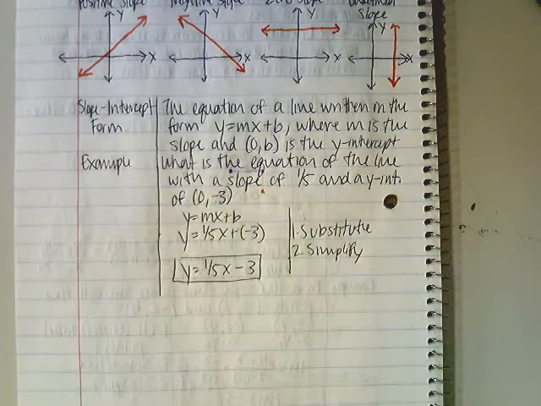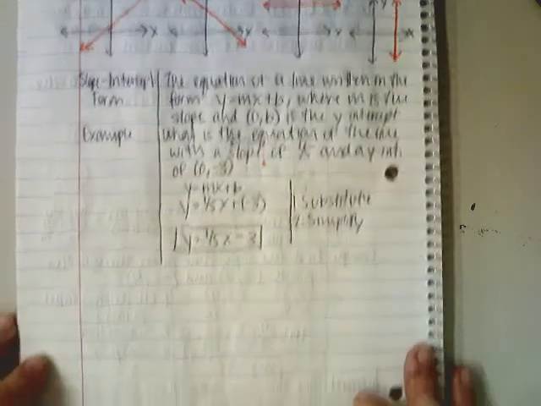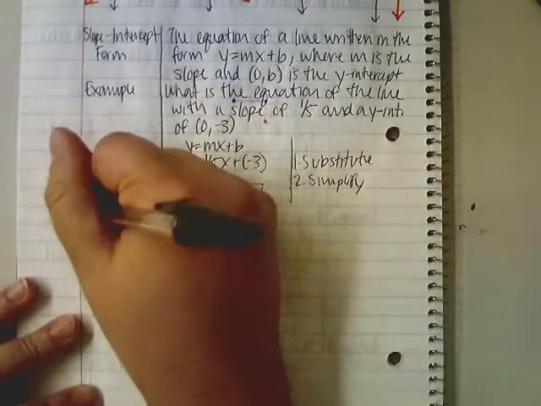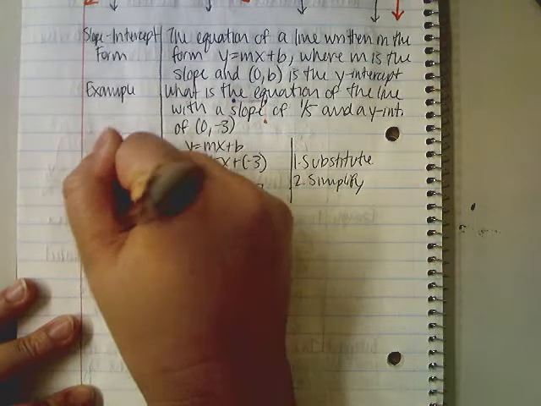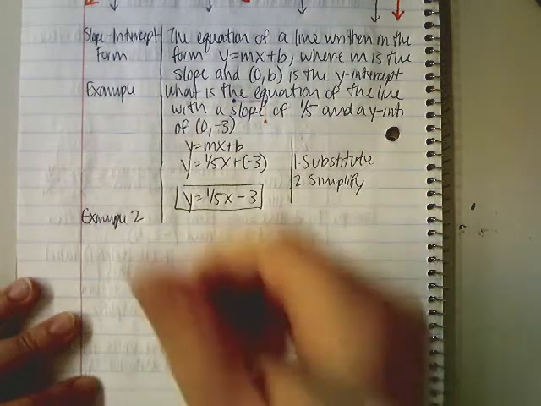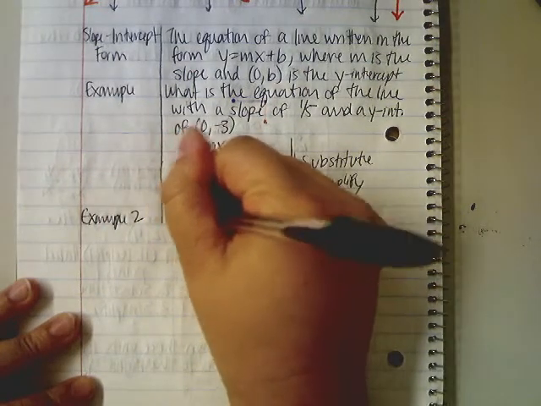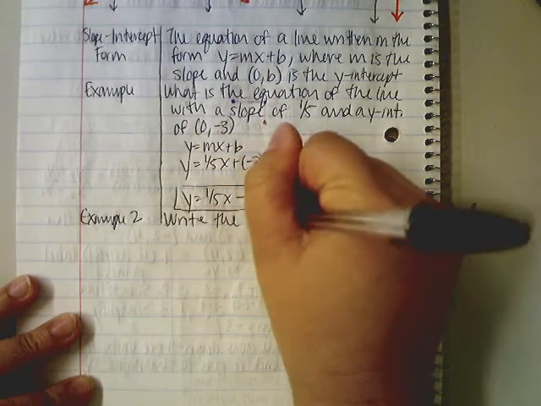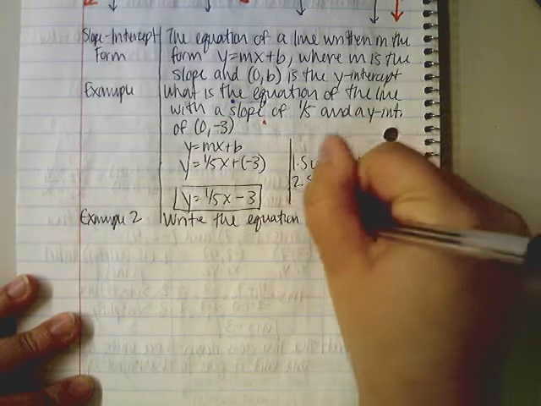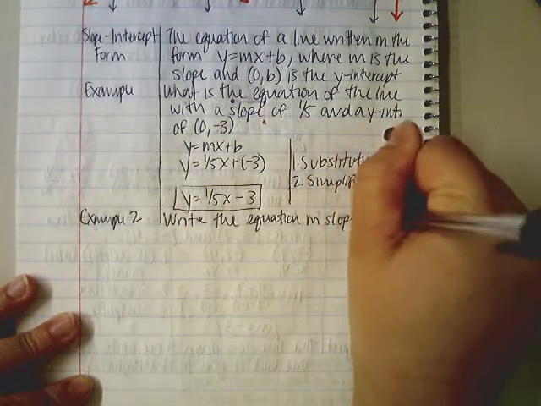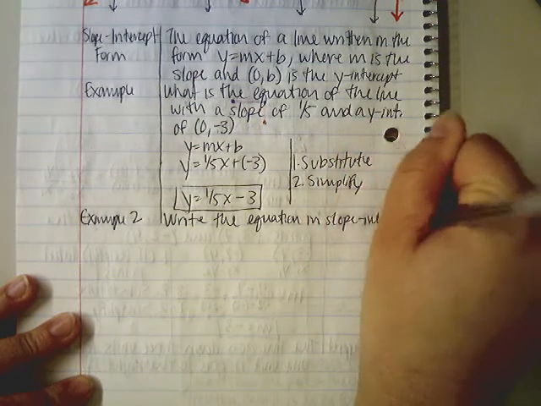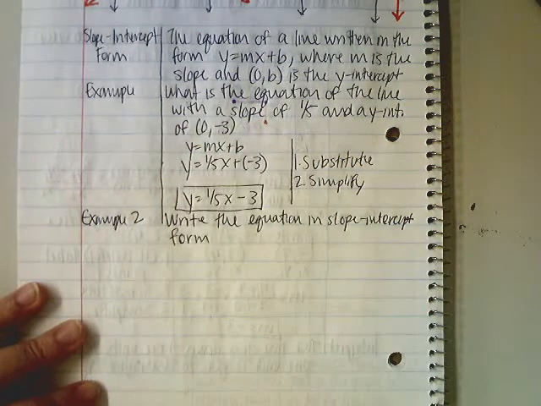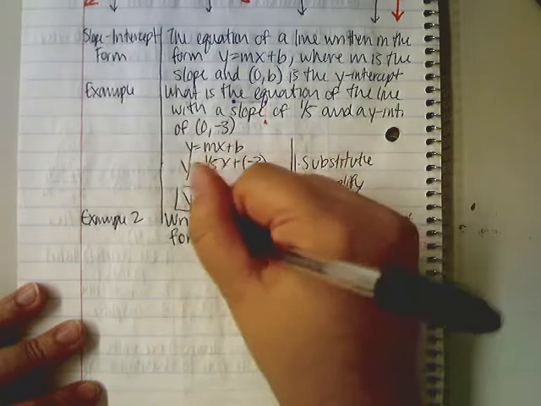and that is my slope-intercept form for that linear equation. Now, last thing I want us to do together before we're done these notes is a second example that gets a little bit trickier. So example 2, I want us to write the equation in slope-intercept form and determine the slope and y-intercept.